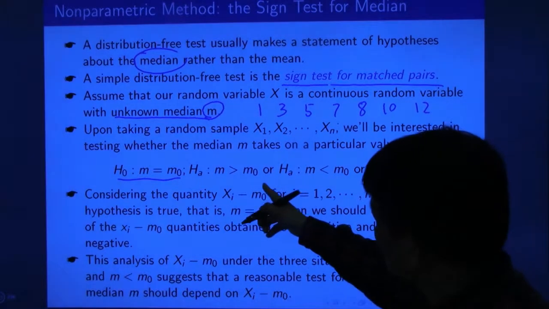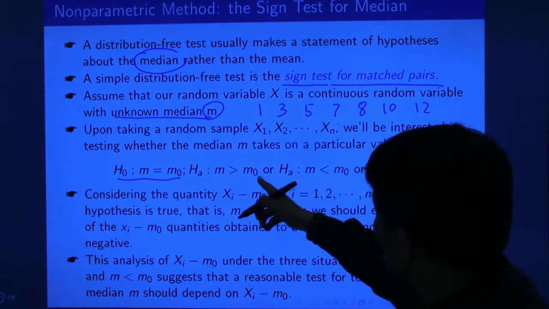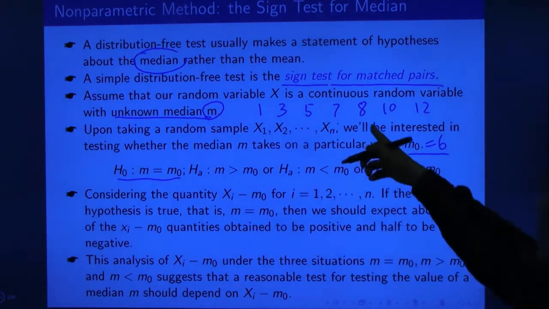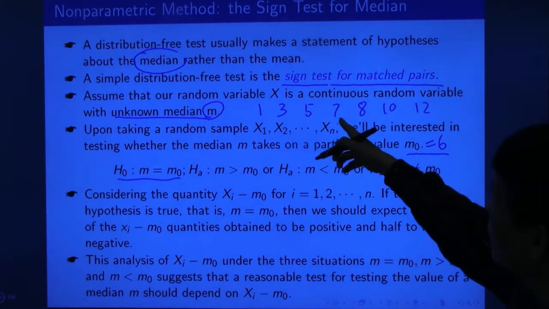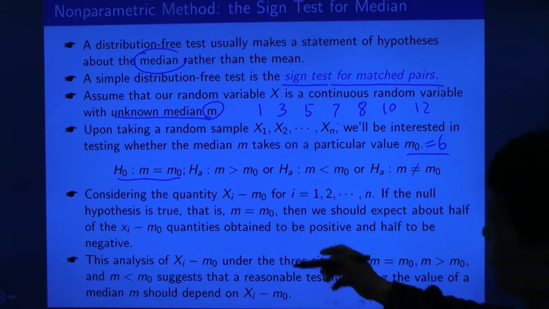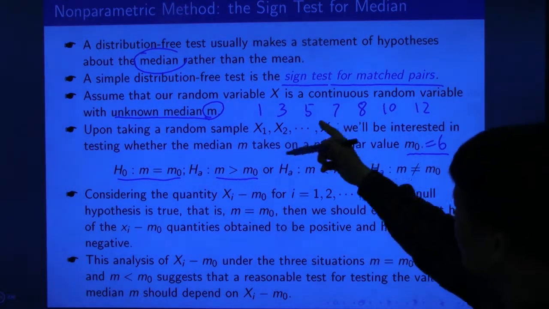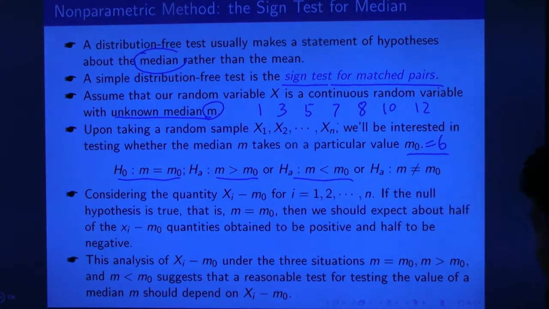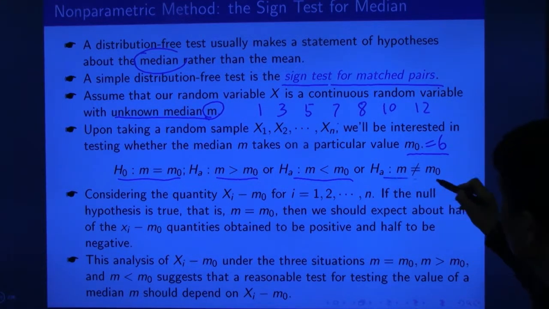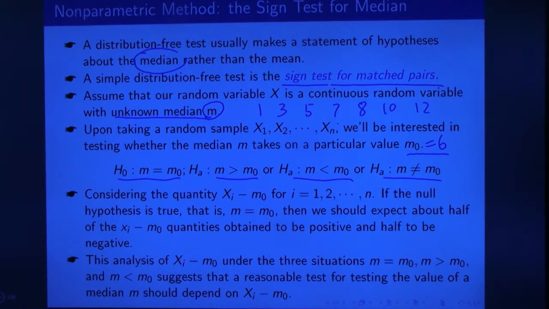So the right-hand side test is the median of the set is larger than 6. Actually from here, we know this is true. The median of the set is 7, so this is 6. So this one here, this is HA, where the median of the set actually is less than 6. Or the two-sided test is the median of the set is not equal to 6.